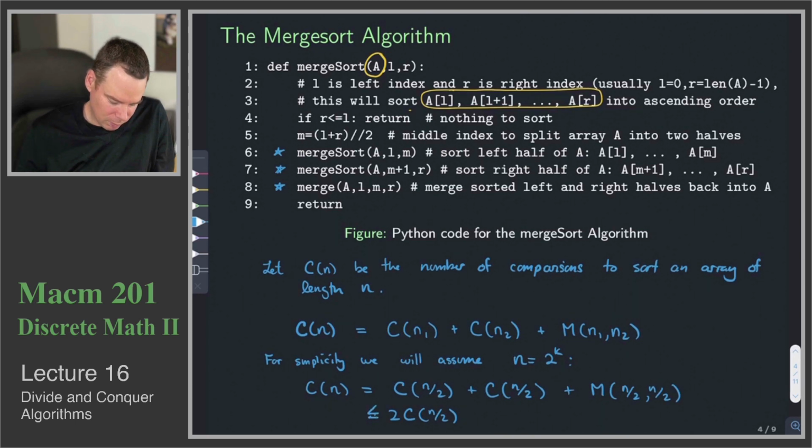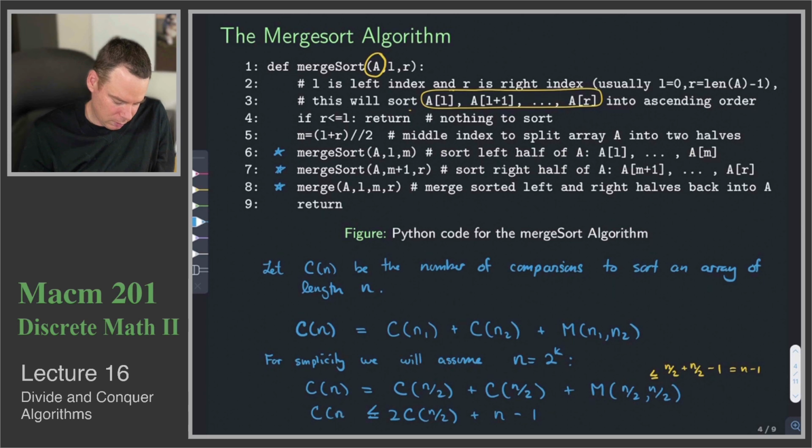The maximum number of comparisons is n1, which is n over 2, plus n2, which is n over 2, minus 1. And so that's just n minus 1. So we get plus n minus 1.